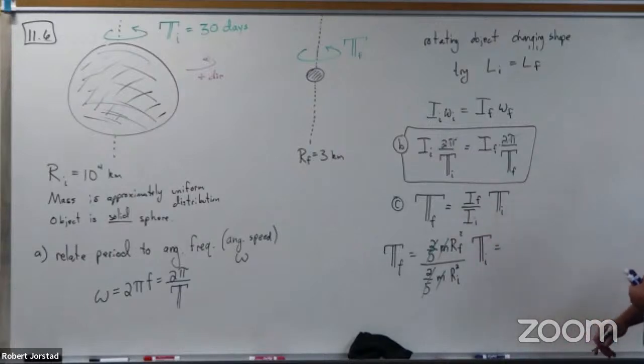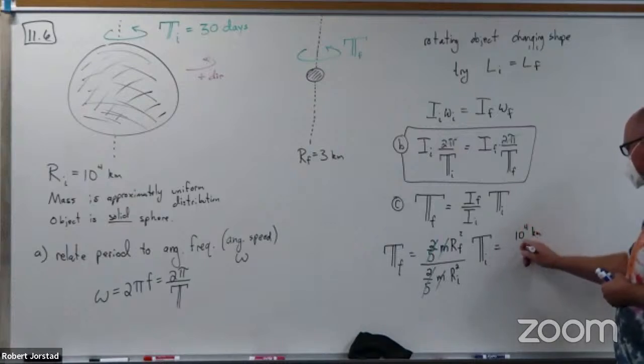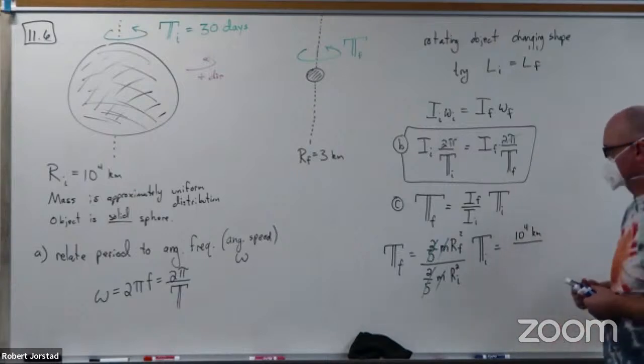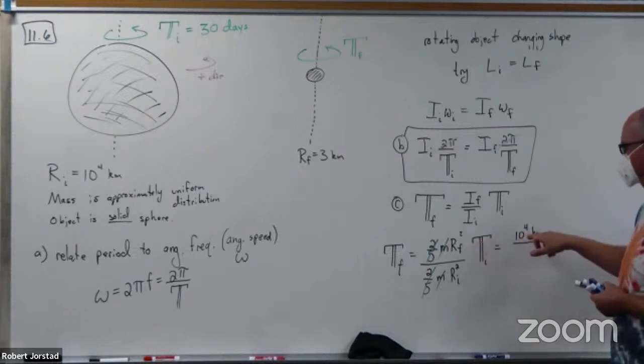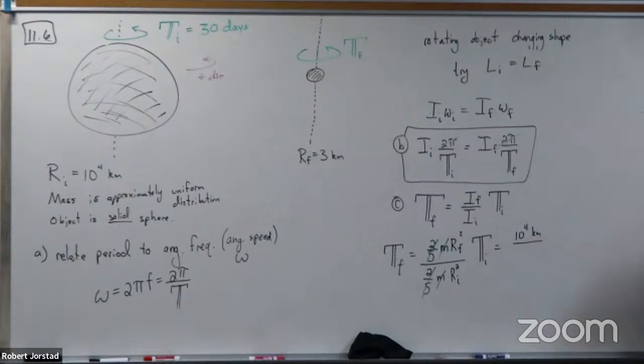The radius final is going to be 10 to the 4th kilometers. The initial radius was, wait, I screwed that up, didn't I? The final is not 10 kilometers. The final is 3. I screwed up.